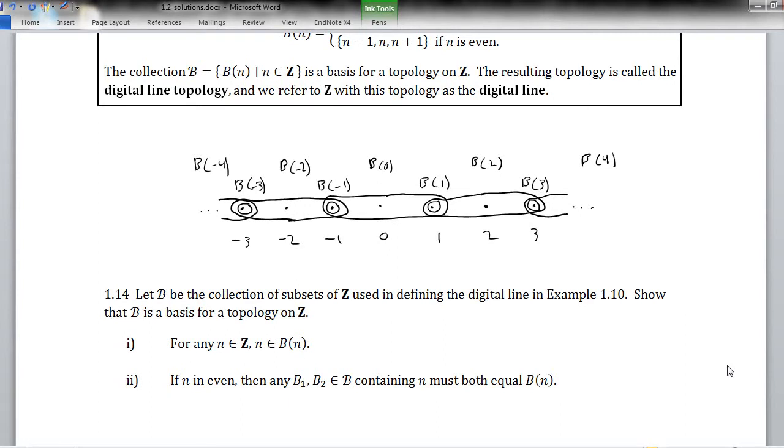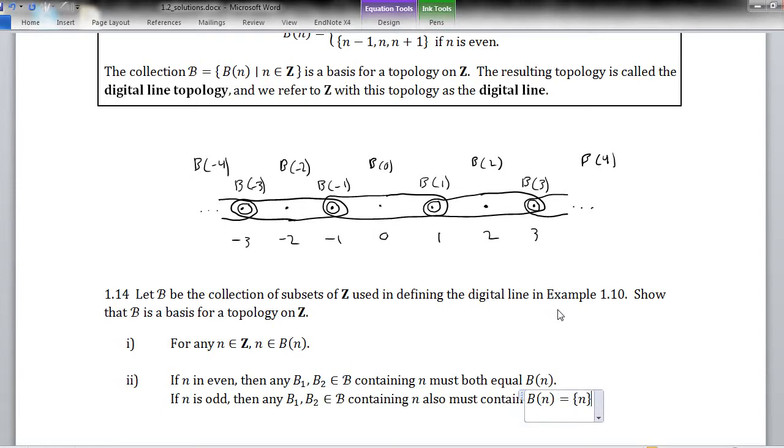Let's think finally about the case when n is odd. Right. So if n is odd, then any b1 and b2 in the basis, both containing n, also must contain b of n, which, since n is odd, is just the singleton set.